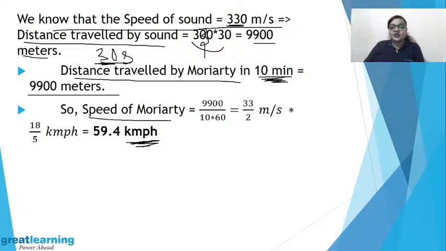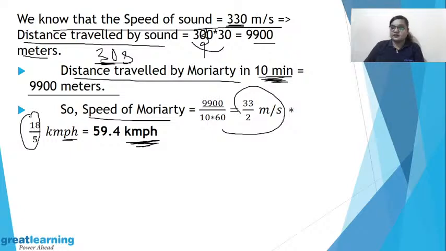So speed of Moriarty is what the question is. So 9,900 and we need it in terms of kilometer per hour. But the time unit is nothing but minutes. So if I have to convert it in terms of seconds, I did that for seconds and then we know the conversion for kilometer per hour.